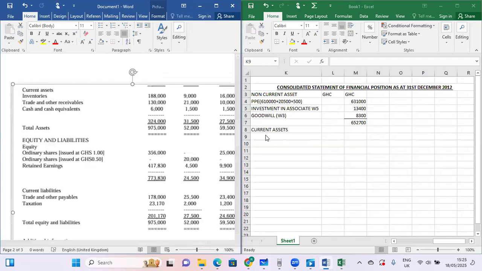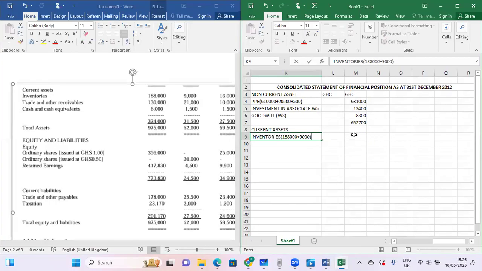Inventories, we'll just be adding them. We are just going to add the 188,000 plus the 9,000.